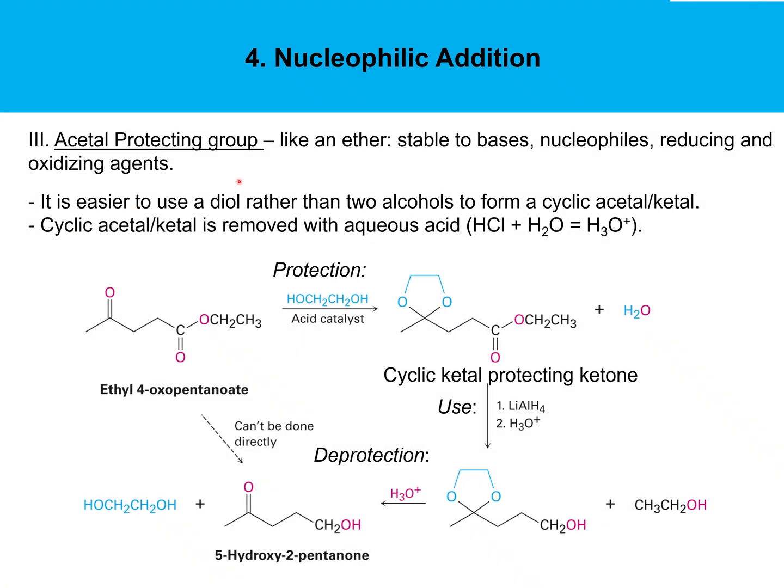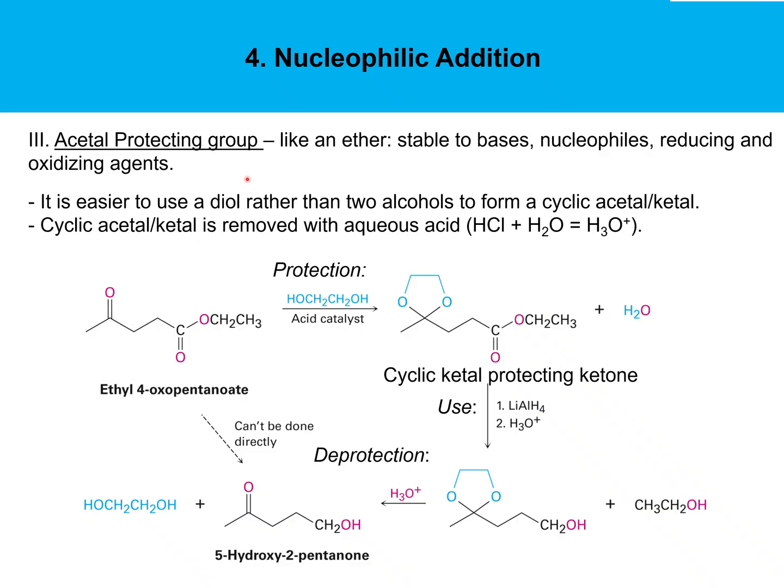Acetals can be used as a protecting group for ketones and aldehydes. Acetals essentially behave like an ether, and so they're very stable. They're stable to bases, nucleophiles, reducing agents, oxidizing agents. The only thing that they're really susceptible to is acidic aqueous conditions, as we'll see in a moment.